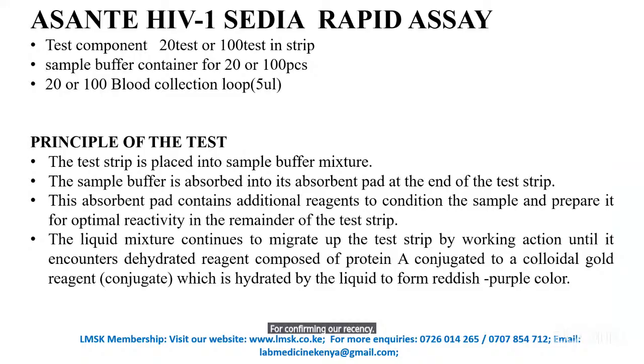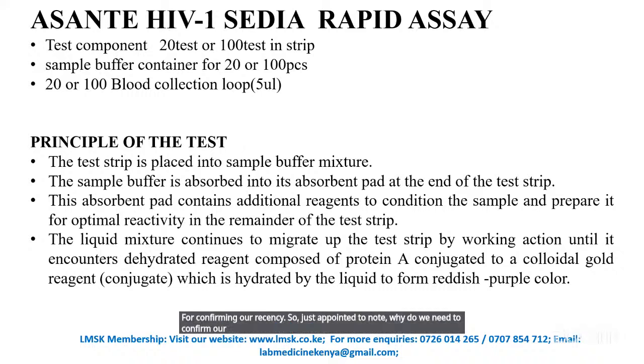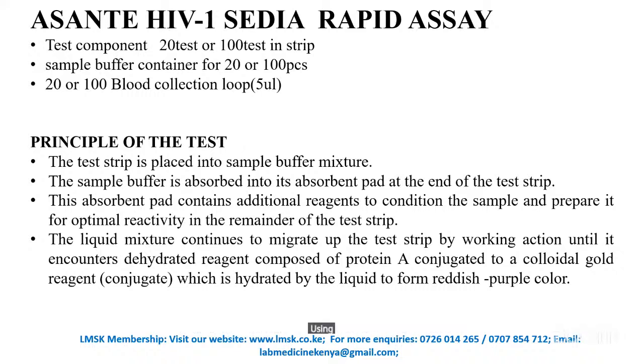So just a point to note, why do we need to confirm our recencies using an ELISA method after doing the rapid test? Because there are chances where we can have a false recent report.